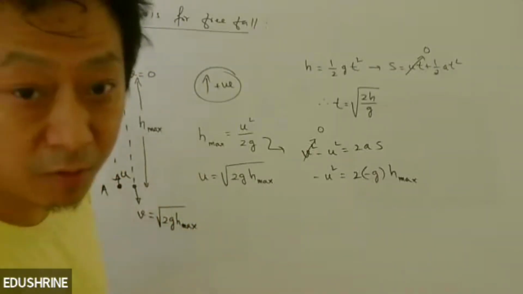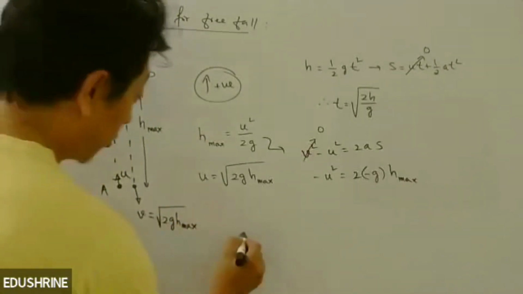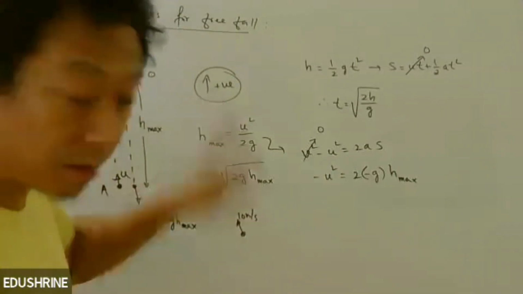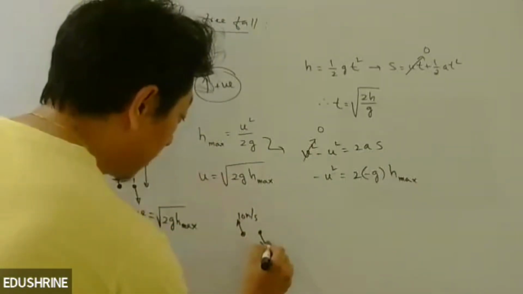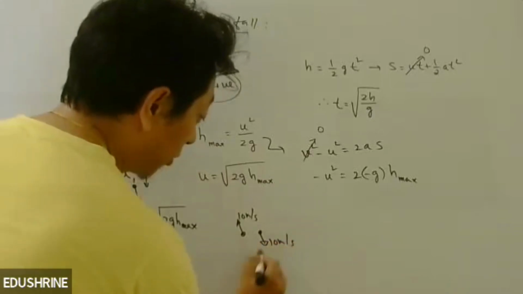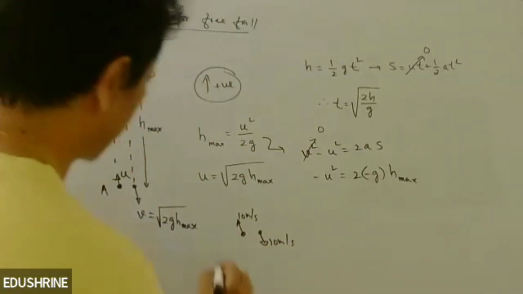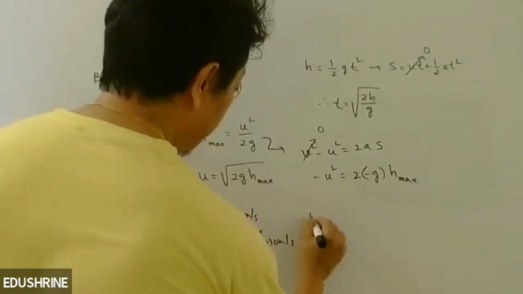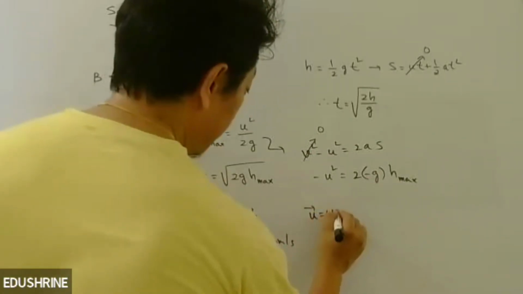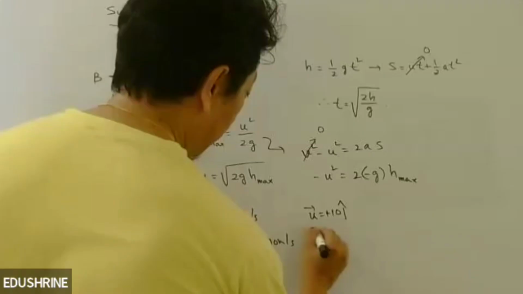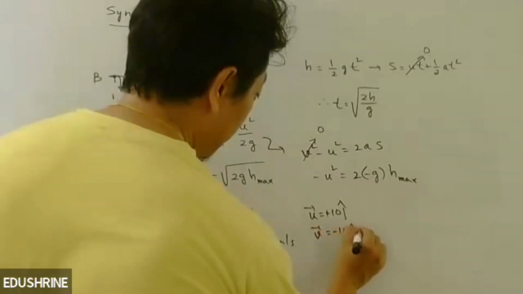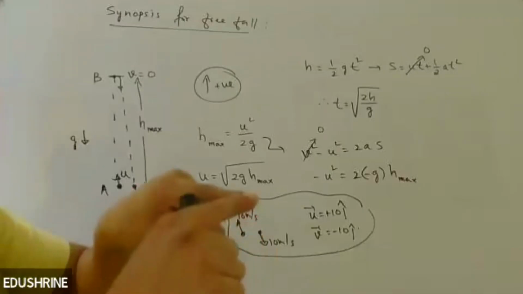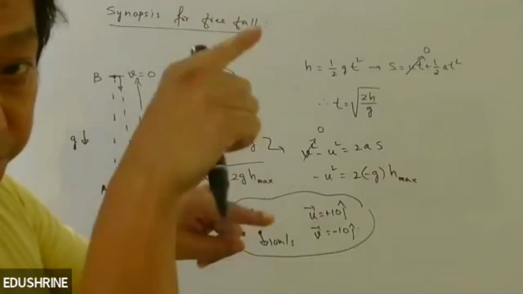One thing we understood: if you throw with speed 10, when it comes back, it will also have speed 10. Of course, direction will be opposite. So velocity wise, if initial is plus 10 j cap, final will be minus 10 j cap, provided initial and final are at the same level.